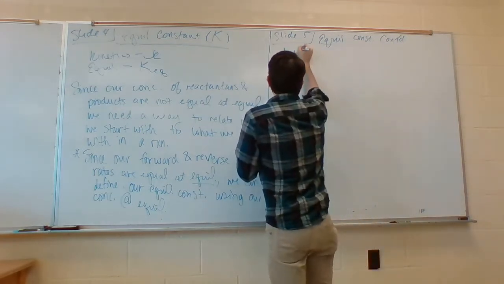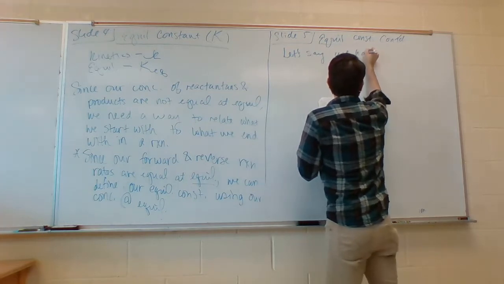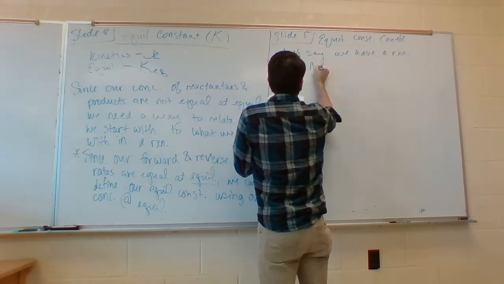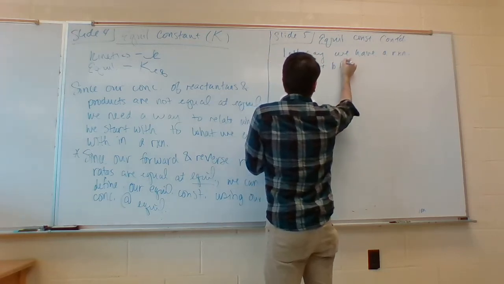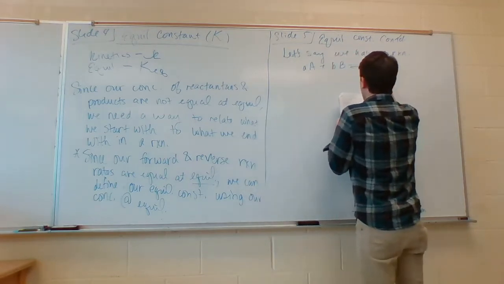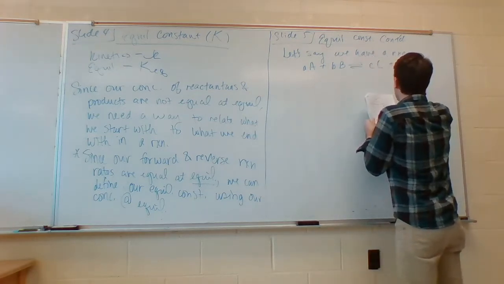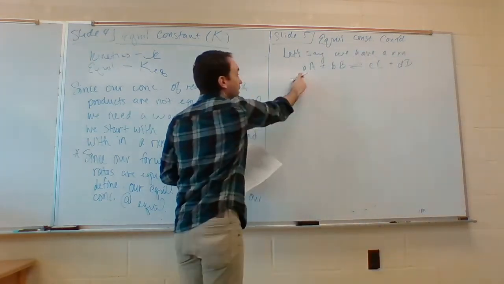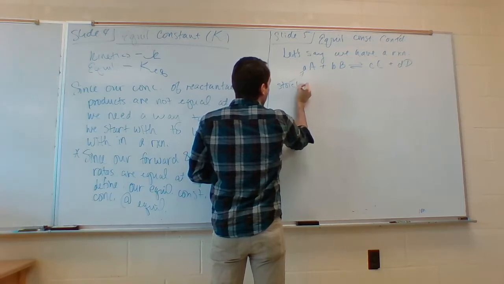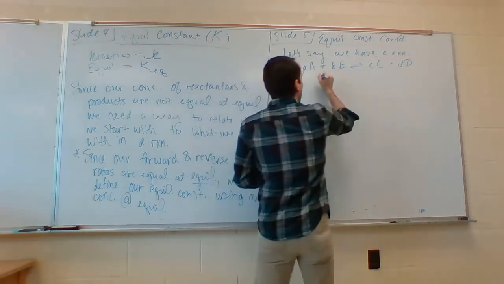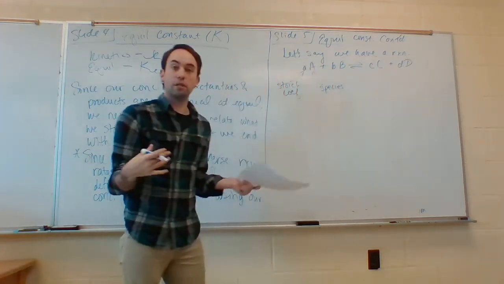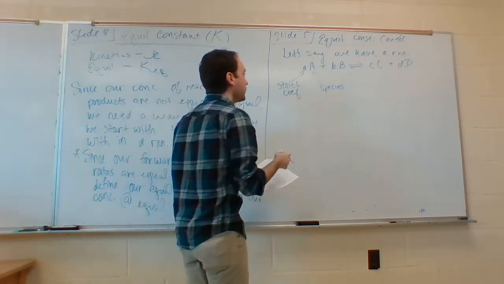Well, let's say we have a reaction, and it's going to be generic, where we have little a, big A, plus little b, big B, in equilibrium with little c, big C, plus little d, big D. Where my little a, all the little letters, are going to be my stoichiometric coefficients, right? And then all of my big letters are my species that I'm looking at, my chemicals, like H2O or CO or whatever, okay?